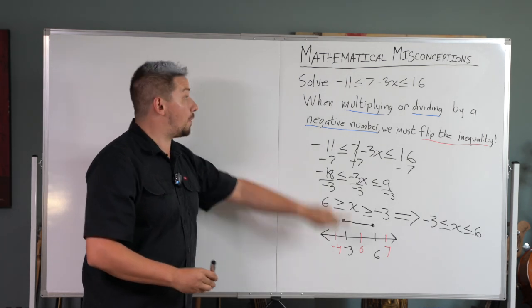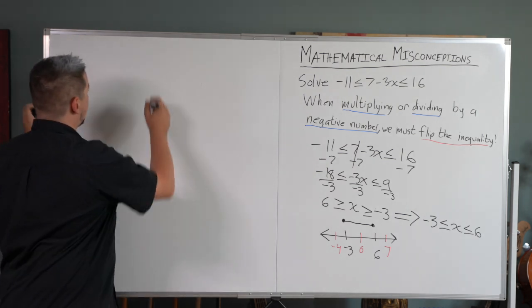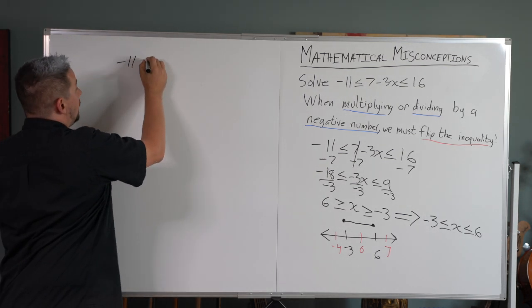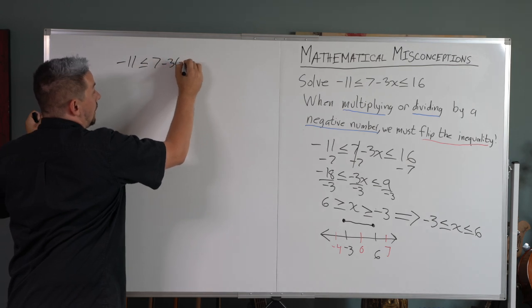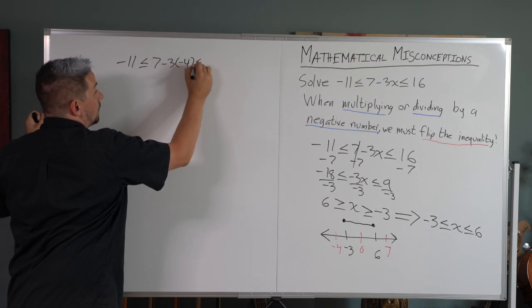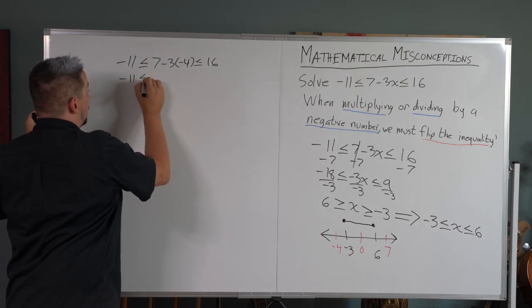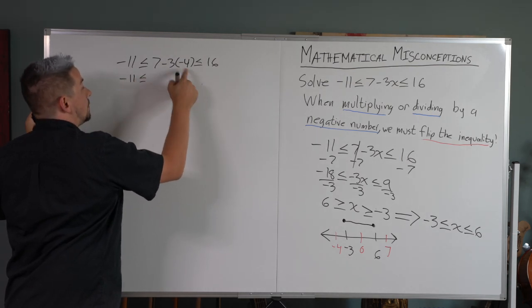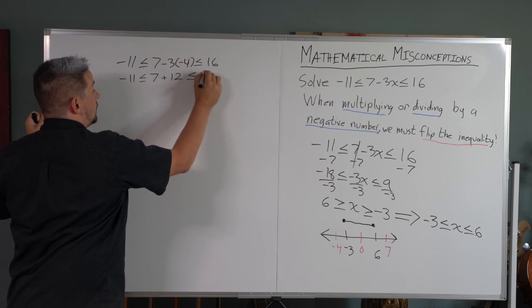We're going to start with negative 4. We're going to plug it into the original. Negative 11 is less than or equal to 7 minus 3 times negative 4, which is less than or equal to 16. Now we just go through straight order of operations. So we have negative times negative is positive, 7 plus 12, which is less than or equal to 16.